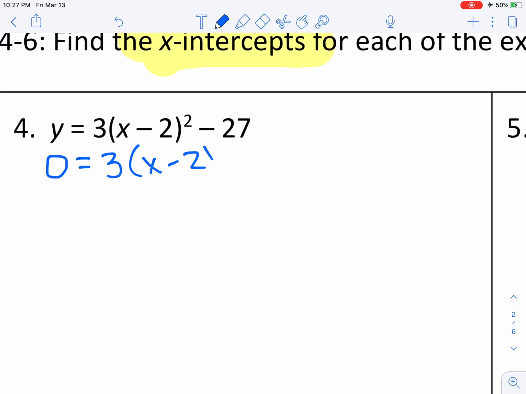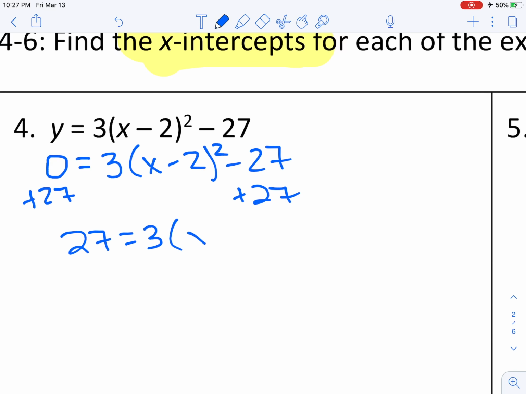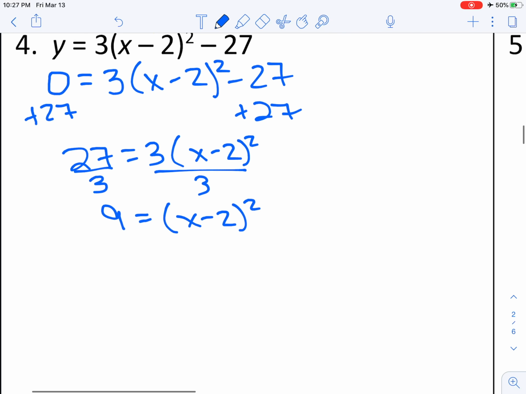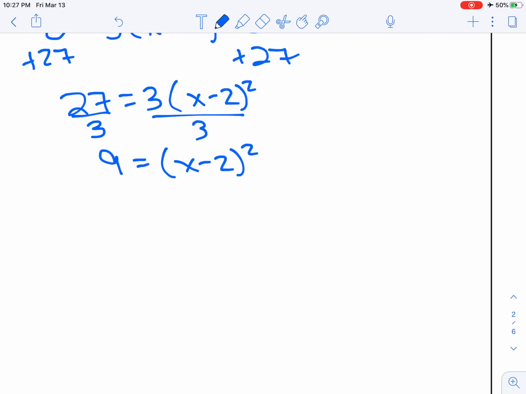I've got 3 times x minus 2 all squared minus 27. I'm going to add 27 to both sides of the equal sign. I get 27 equals 3 times the quantity x minus 2 all squared. I divide both sides by 3. I get 9 equals x minus 2 all squared. I take the square root of both sides.